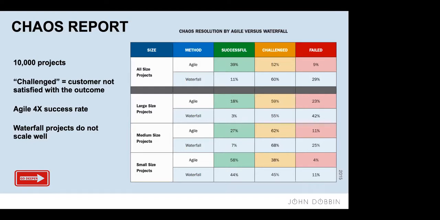The Agile projects still fail. Agile customers are still challenged. But it does tell us that certainly with large and medium-sized projects, we do increase the probability of success by running them through Agile methods.